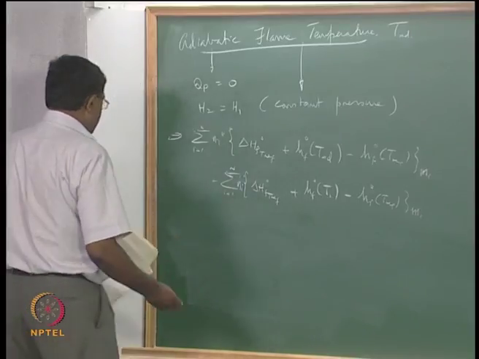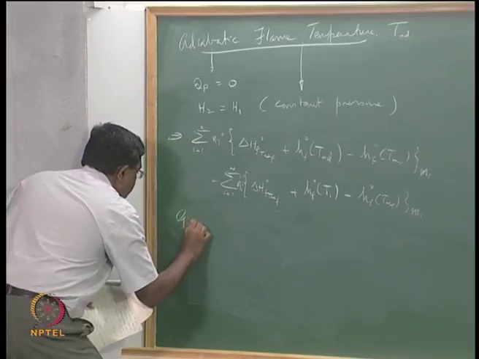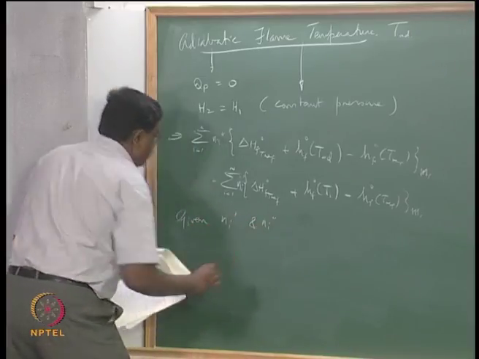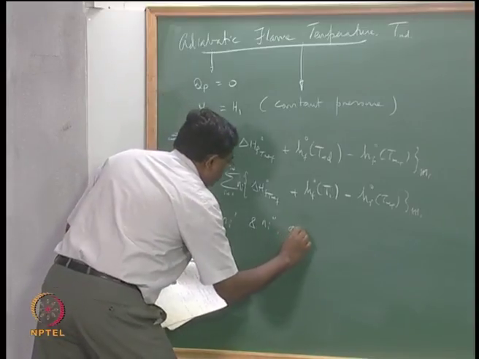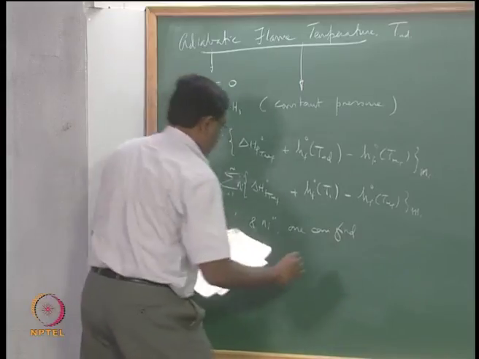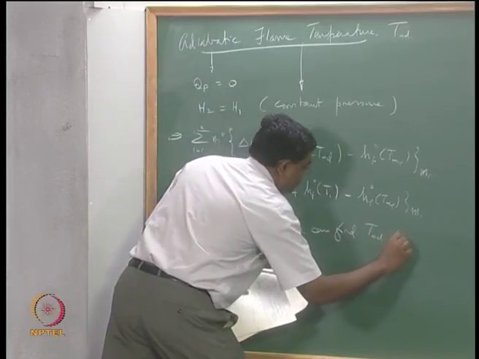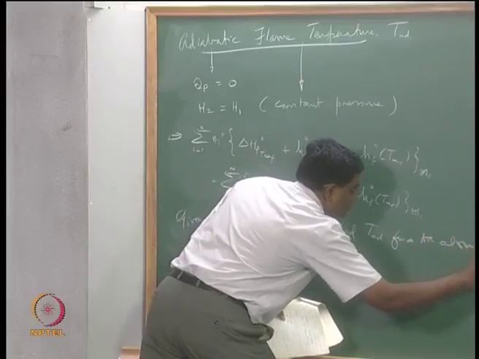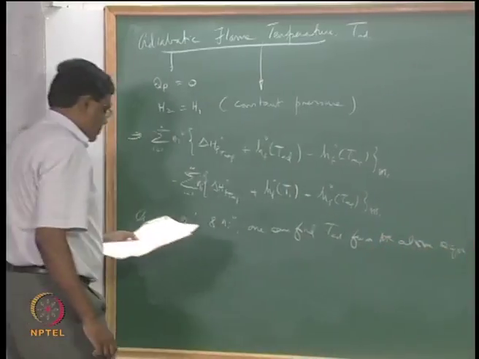So given Ni single prime and Ni double prime, one can find T adiabatic from the above equation.